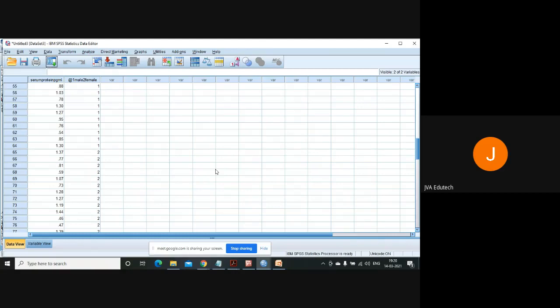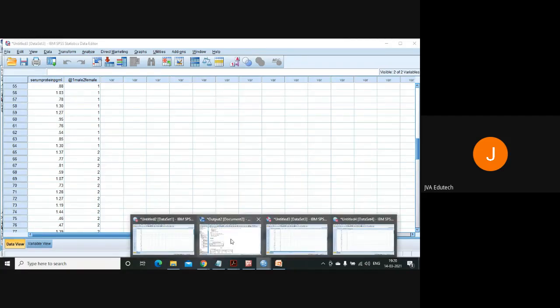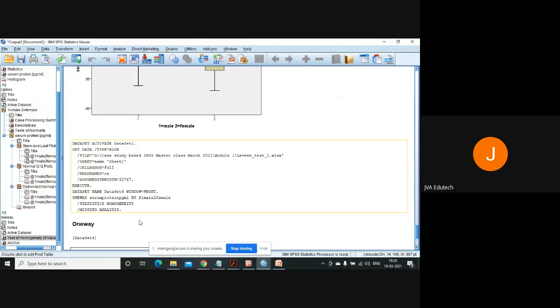Syntax is just simple lines of code that you write, and it has to follow some common rules like grammatical rules. For example, every line will end with a full stop. And if you see from the output, whatever is written before your output is the syntax.